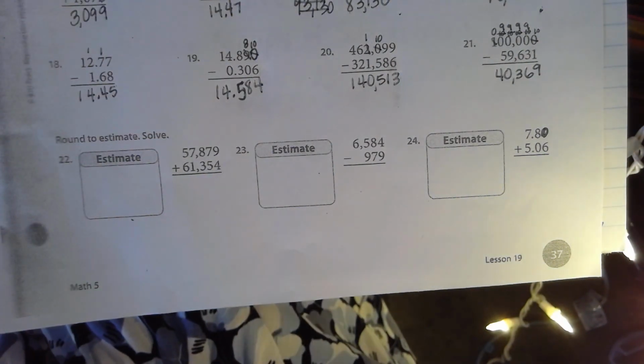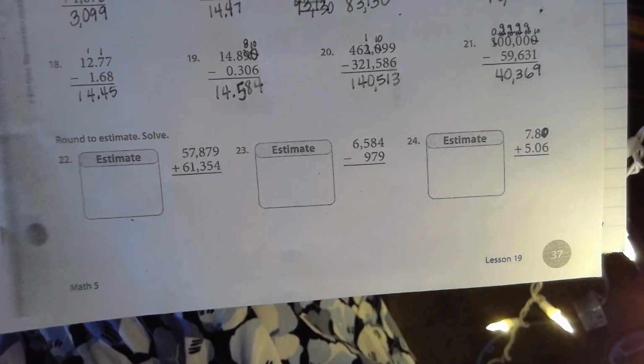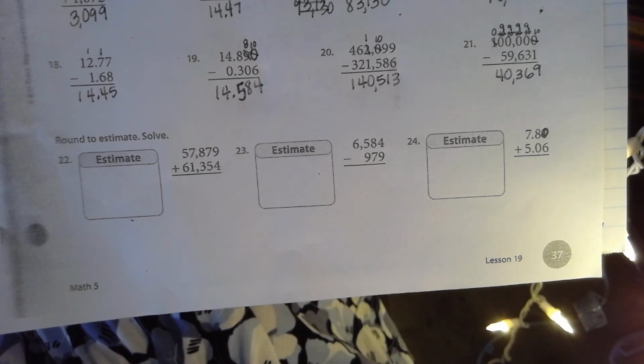Number 18, 14.45. 19, 14,584. Number 20, 140,513. That's a 4? Uh-huh. And 21 is 40,369. Does anybody have something different or a question?